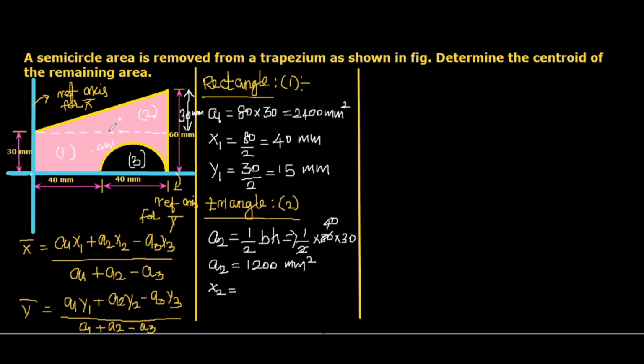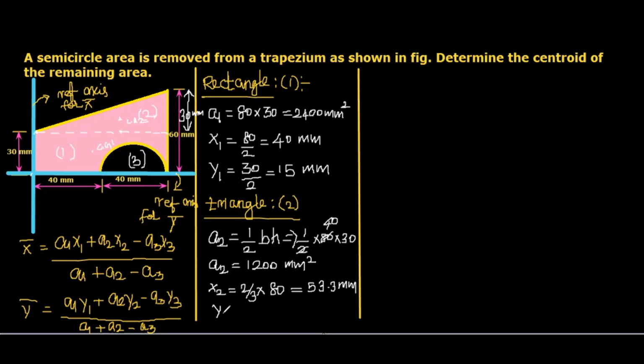That will be 2 by 3 the distance from the smaller end. For x calculation, this is the smaller end and this is the larger end. So from the smaller end, 2 by 3 the distance. So it will be 2 by 3 multiplied with the total linear dimension, that is 80 mm. When you simplify, we will get 53.3 mm.